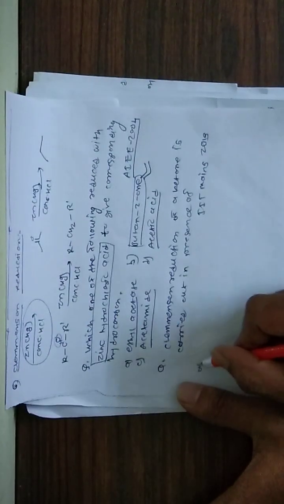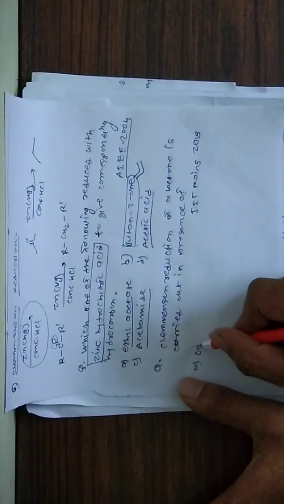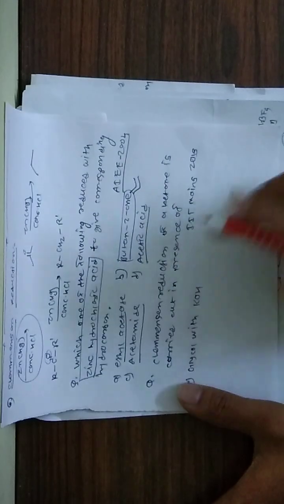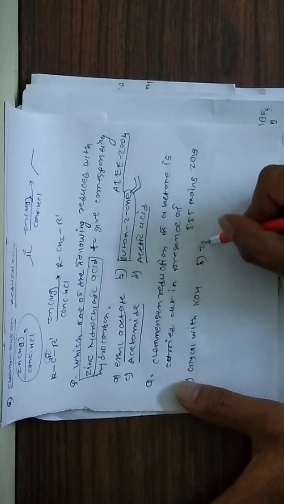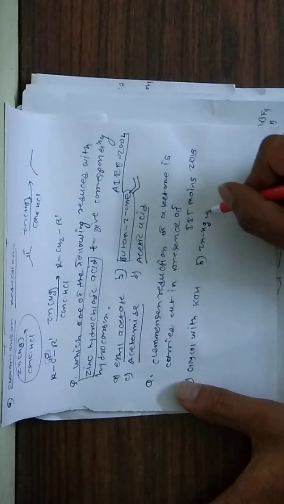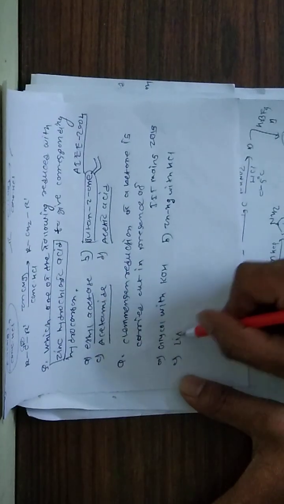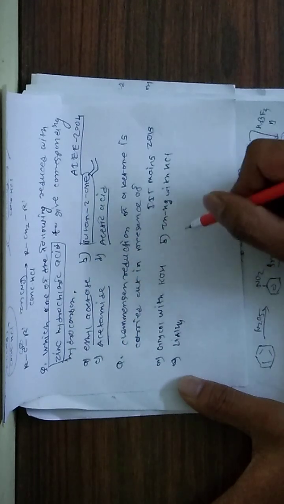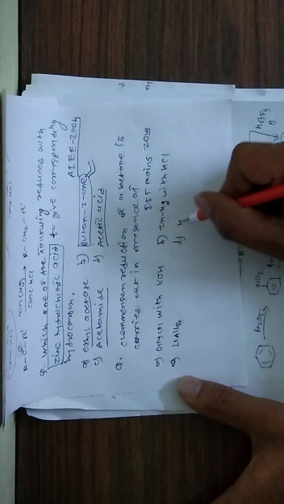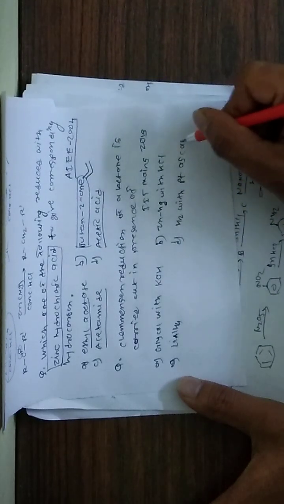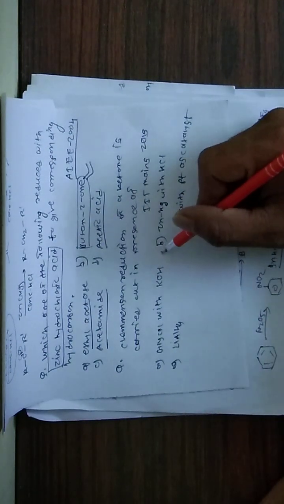Here the options are: A, glycol with potassium hydroxide KOH, B, ZnHg with HCl, C, LiAlH4, D, H2 with palladium as catalyst. So you can directly answer that question. What is the correct answer?